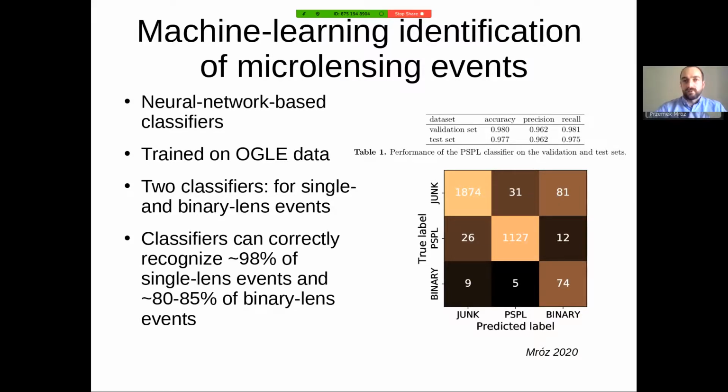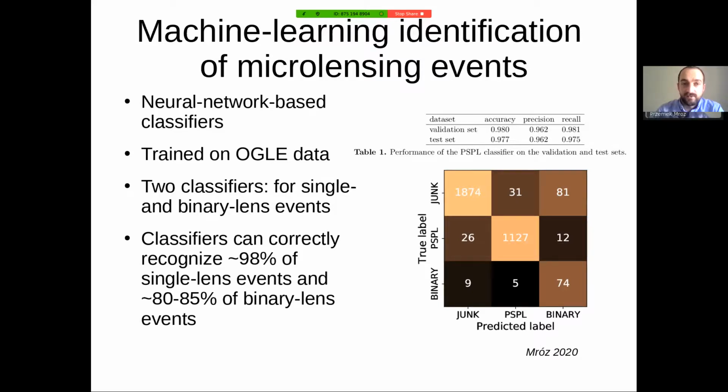Basically, for every light curve, we have calculated a set of features that describe that light curve. For example, the amplitude of the brightening, its duration, the quality of the microlensing fit to the light curve, and so on. And we trained our classifiers based on OGLE data. OGLE is, I think, one of the longest running microlensing surveys.